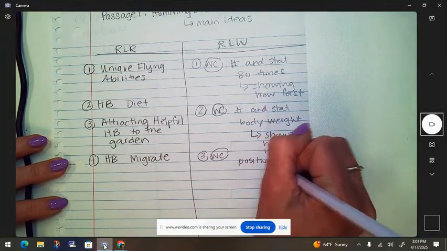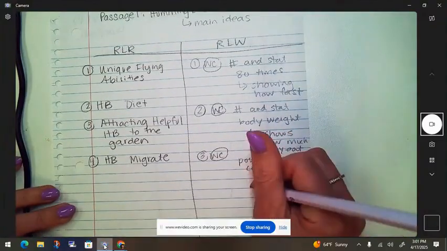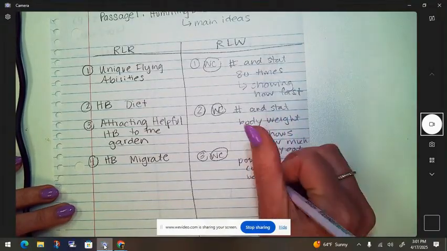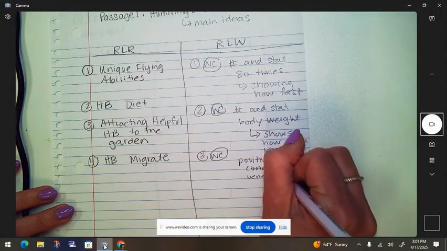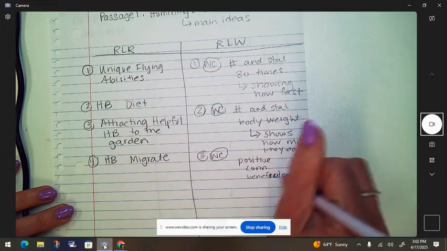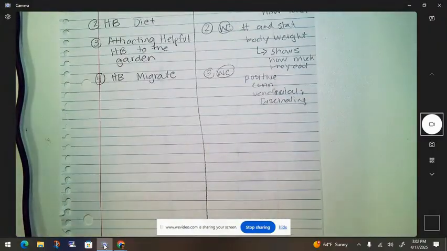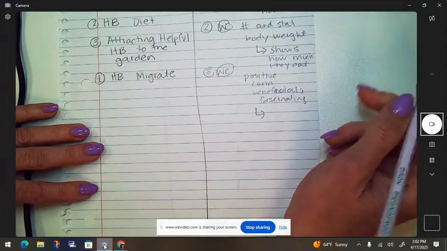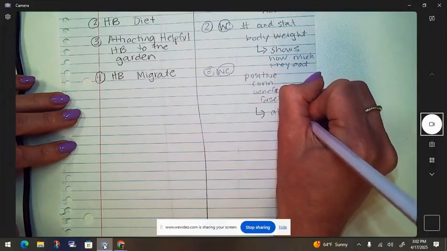So we have positive connotation, and we had beneficial, fascinating. And that to me really lets the reader understand that the author thinks hummingbirds are a cool thing that you want to attract to your garden. So I like that positive word choice there.